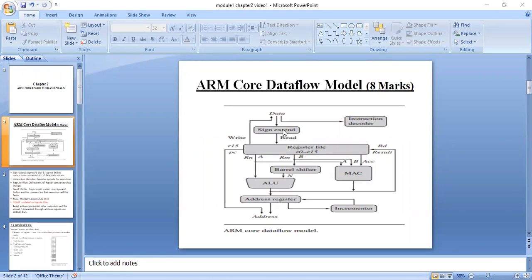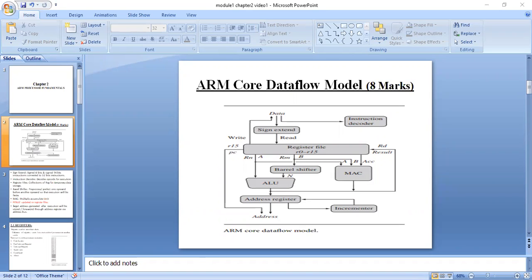Then the data we wrote as C equals A plus B, stored in the hard disk, we will get over here. With sign extension, if there are negative numbers, they should be converted into 2's complement.